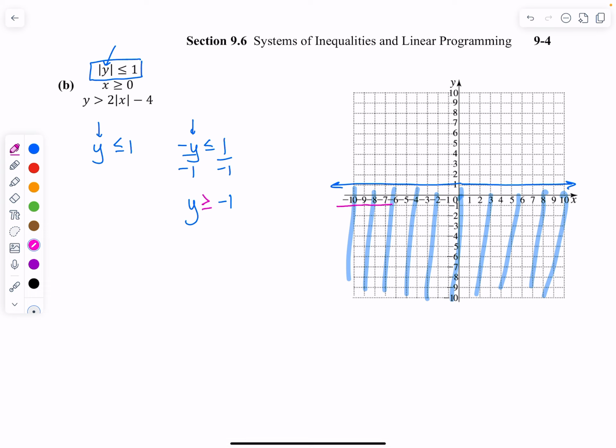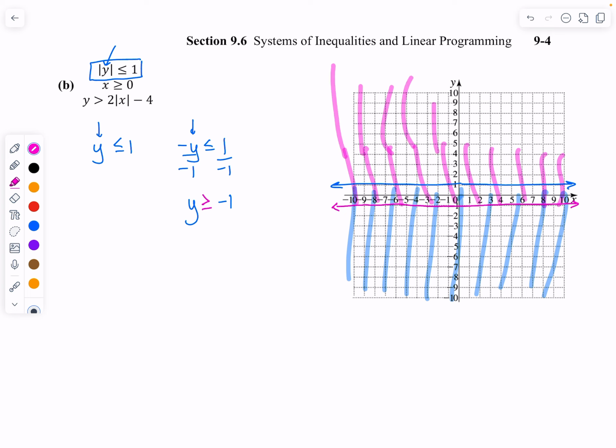I have to put at negative 1, I'm going to put a solid line because it's got an equal mark. And it's supposed to be greater than negative 1. So I would shade it above. Well, that's going to be like everything, right? But it's got to be both of those.